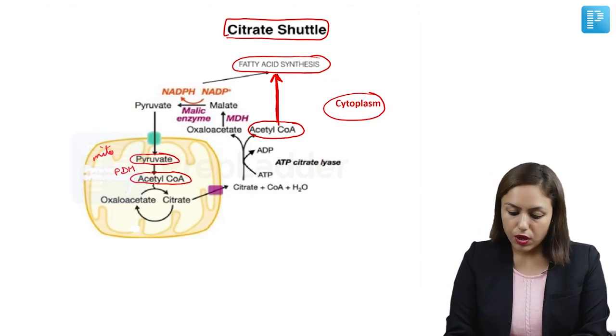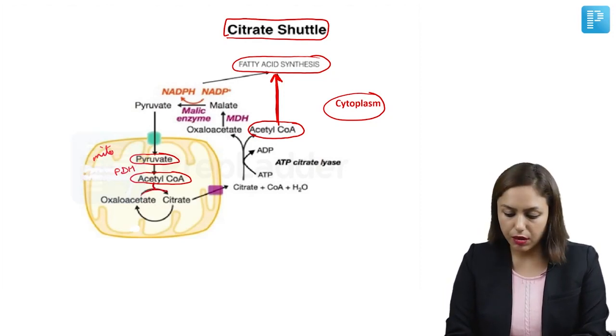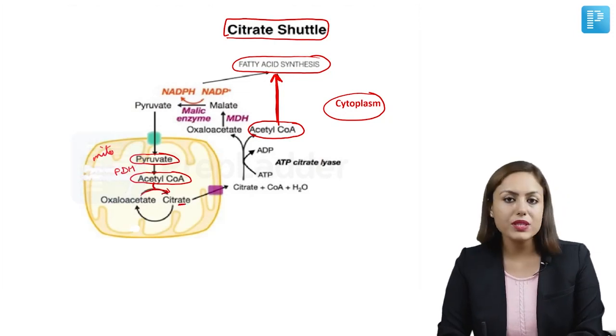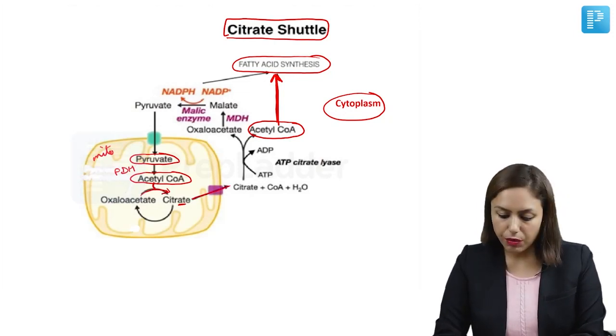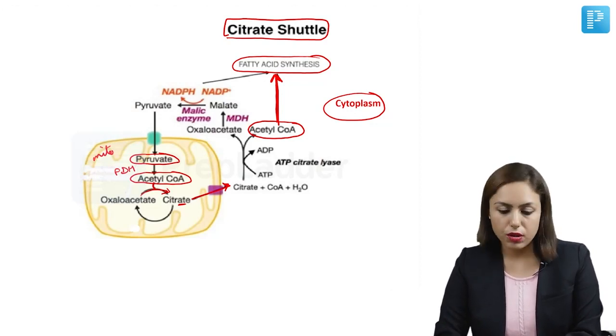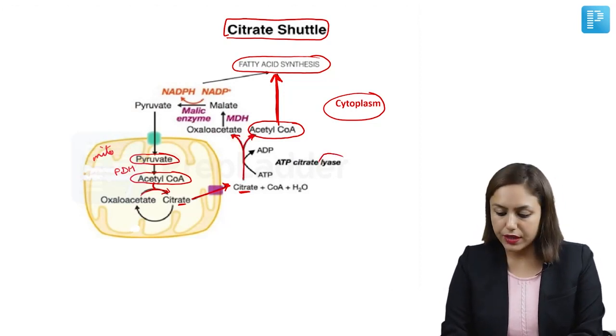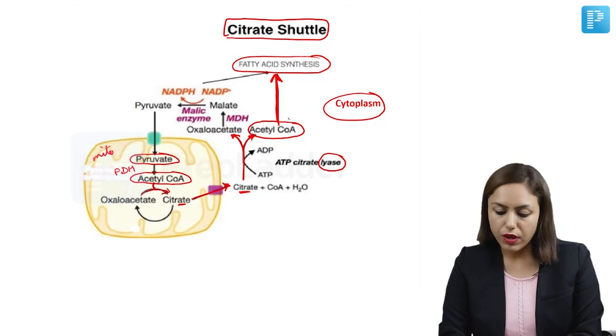Now, this acetyl-CoA enters the TCA cycle, combines with oxaloacetate, and forms citrate. Citrate can cross the inner mitochondrial membrane. That's why the shuttle is called the citrate shuttle. Citrate reaches the cytoplasm, and with the help of lyase enzyme, it is broken down into the same two constituents: acetyl-CoA and oxaloacetate.